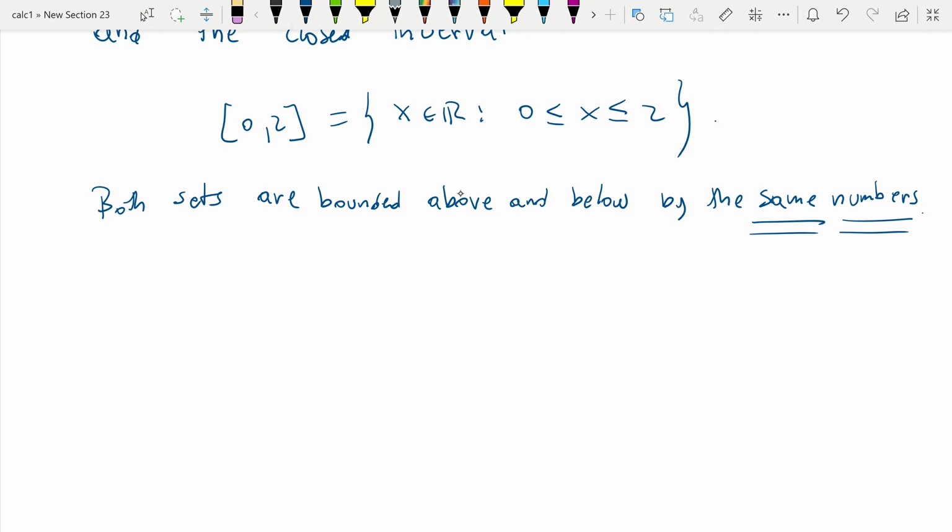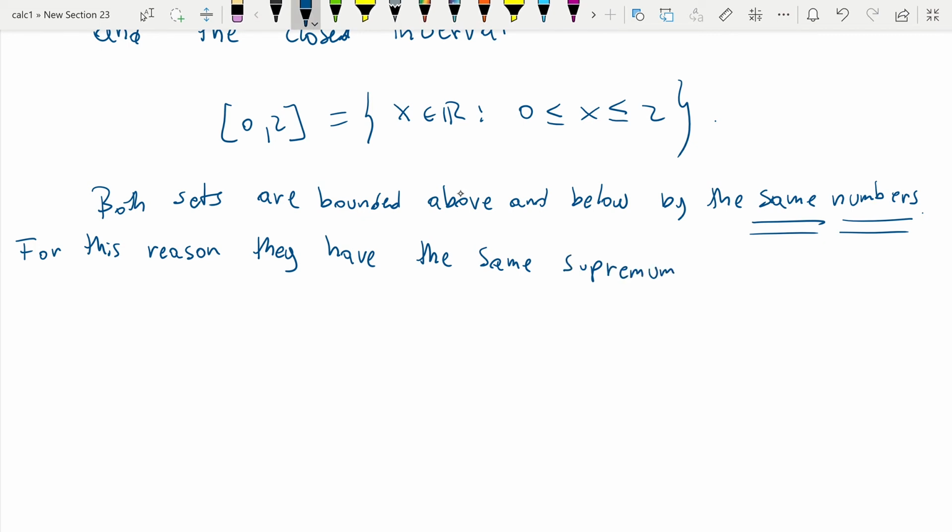So for these reasons, in fact, as a consequence of this, they have the same supremum and infimum.